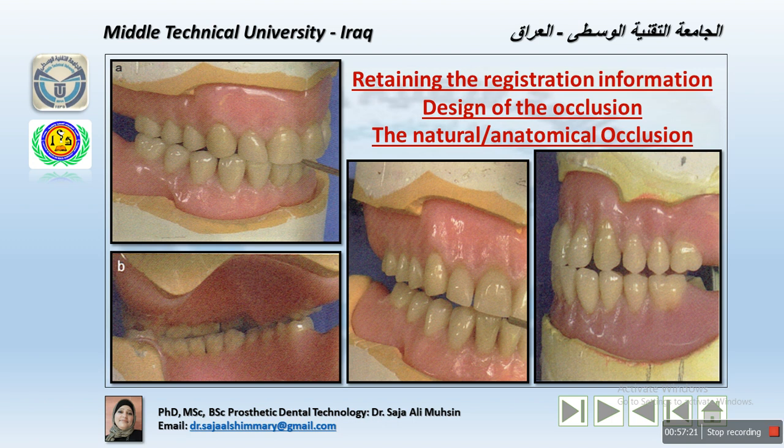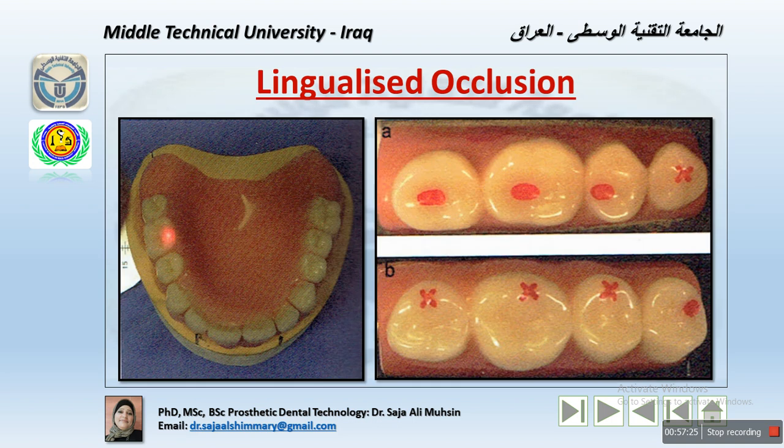Now, the occlusal contacts are established between the buccal cusp of the lower teeth and the central fossa of the upper, and the palatal cusp of the upper teeth and the central fossa of the lower. Okay?